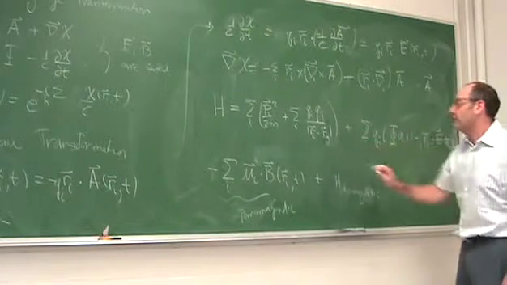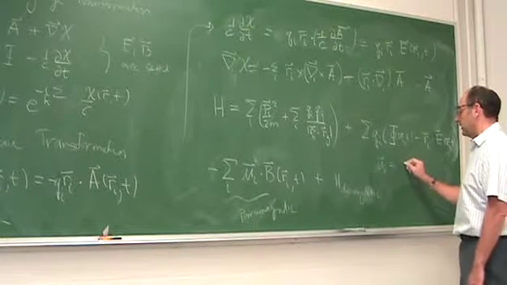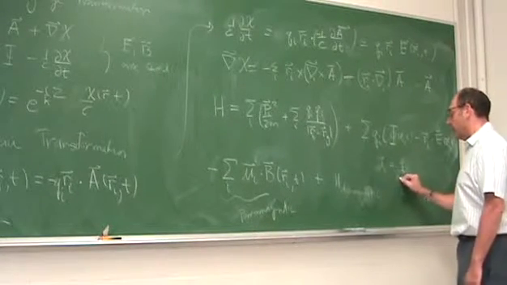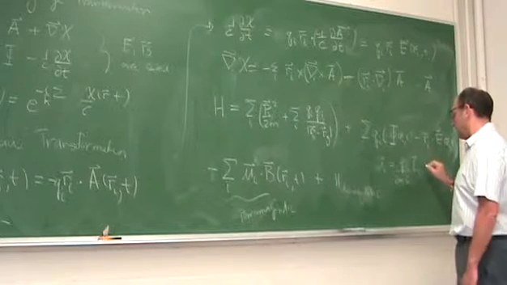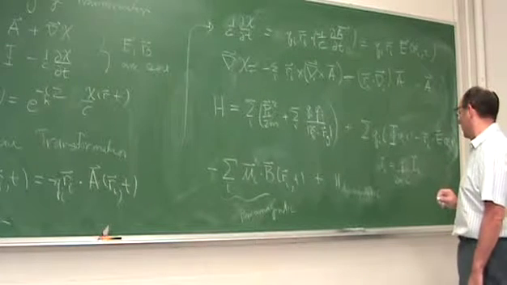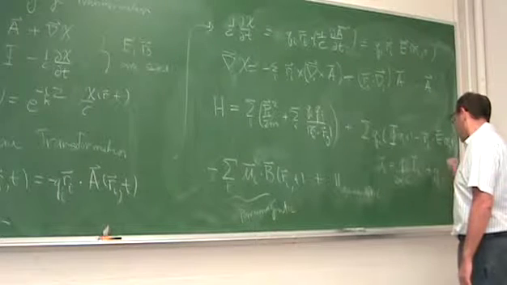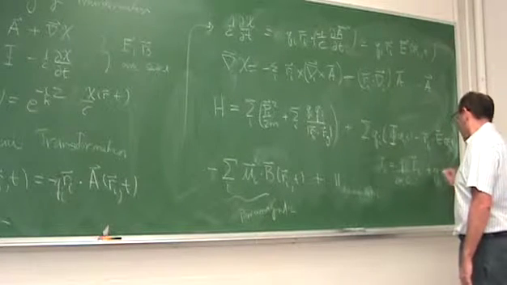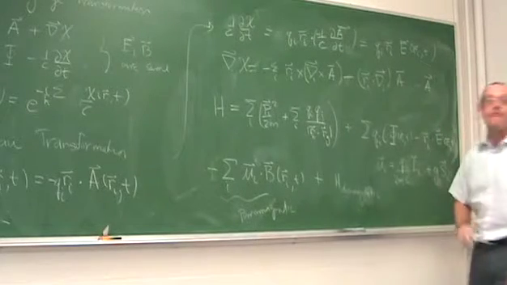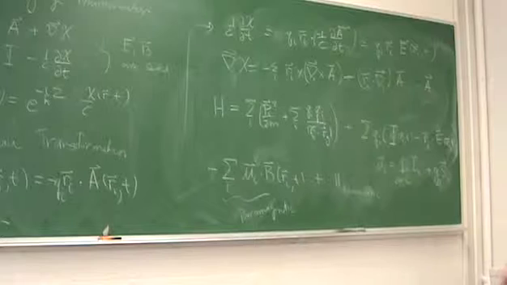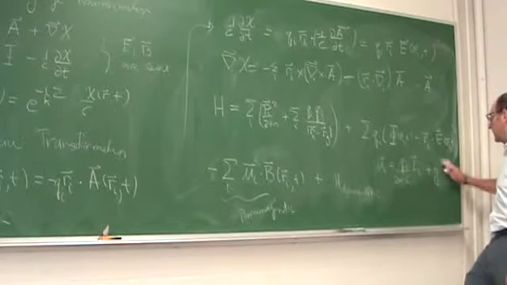But we have this form where mu_i is equal to q_i over 2m_i times (L_i plus g_s S_i), times the Bohr magneton.